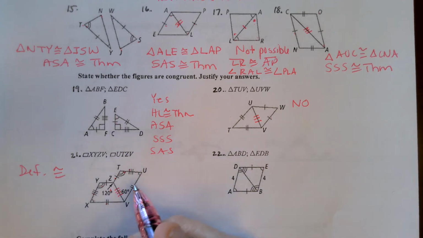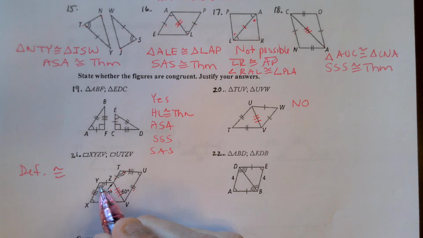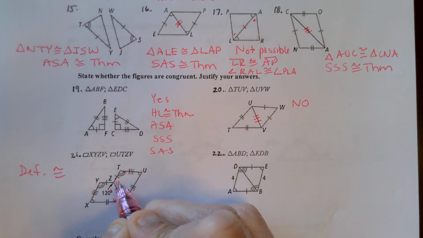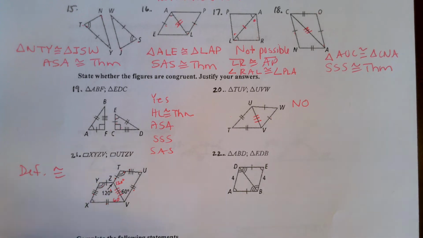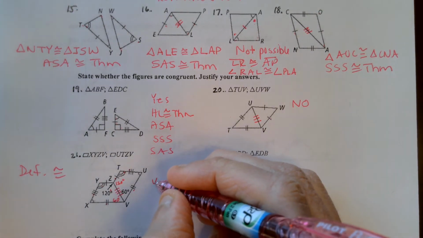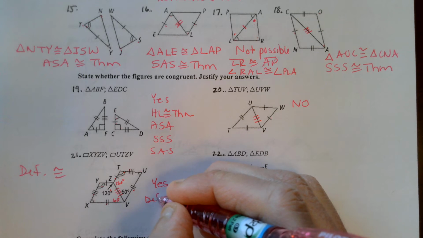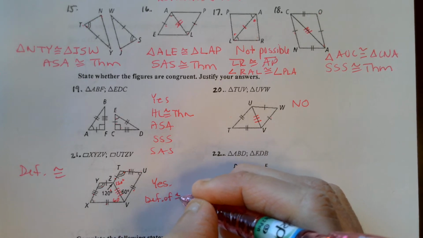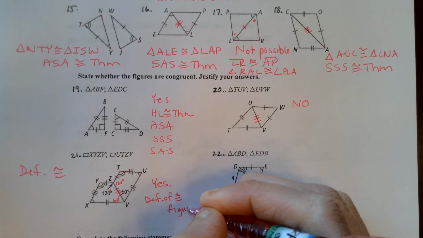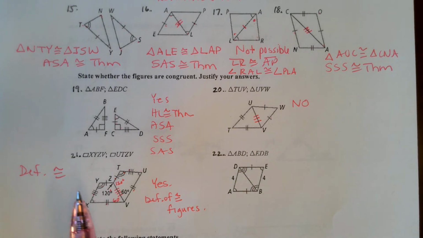Okay, so you know it's a reflection because of these being the same. So it reflects right over. So that's going to be 60. That's going to be 120. So this would be yes. Definition of congruence. Congruent figures. That's kind of an oddball. I don't usually throw those in there, but it's good to remember why we do that.